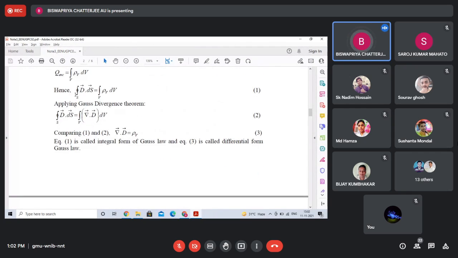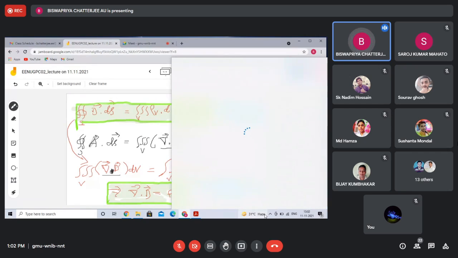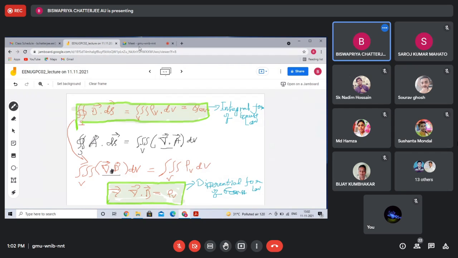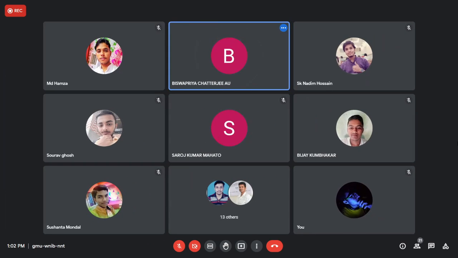This expression, equation 1, is called the integral form, and equation 3 is called the differential form. Everything is written, so you must go through this topic. So I am stopping here. Yes, the PDF, surely I will send it.